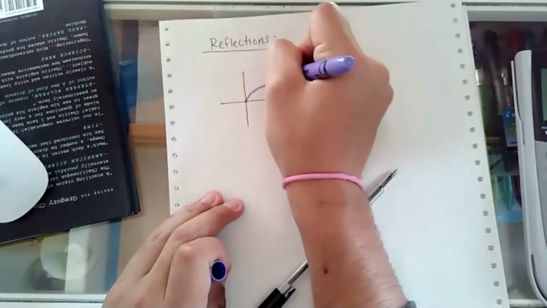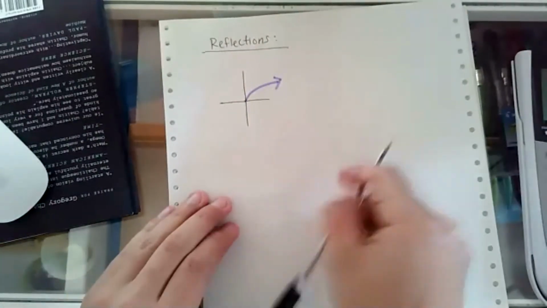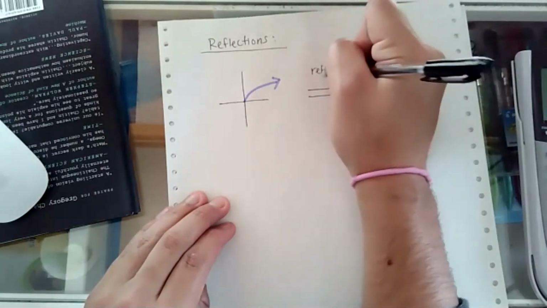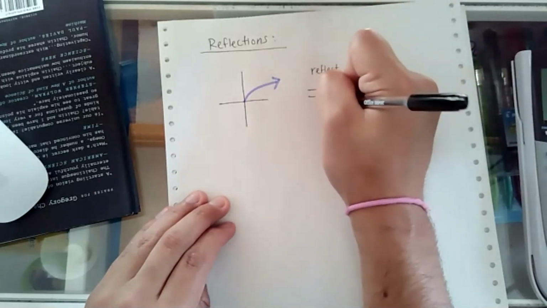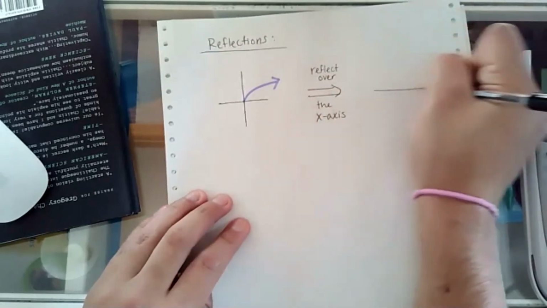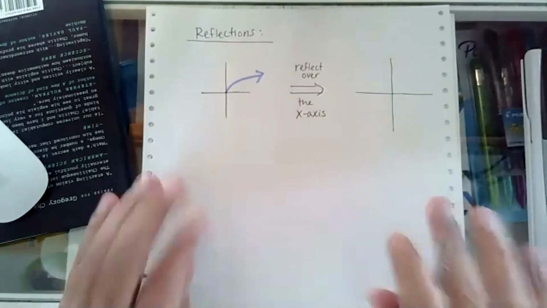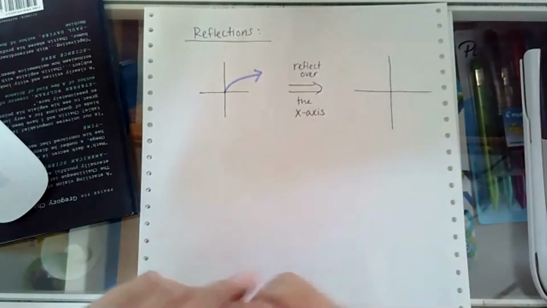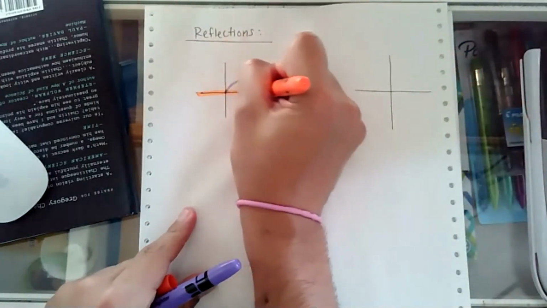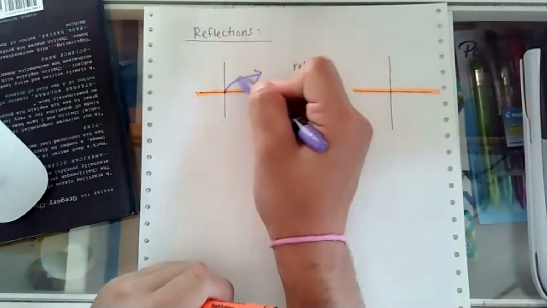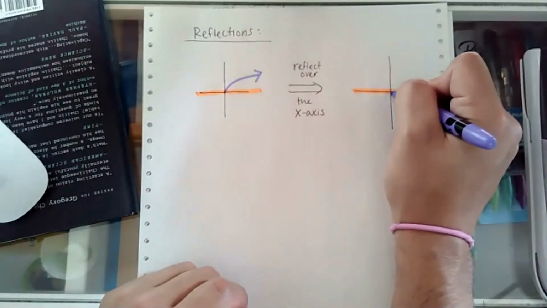If I had a graph that looked like this, and I wanted to reflect over or across the x-axis, would it be okay for you guys to say that this graph, again, if we're focusing in on the x-axis being this guy, then this part of the graph, if it was reflected over the x-axis, would look like this now.